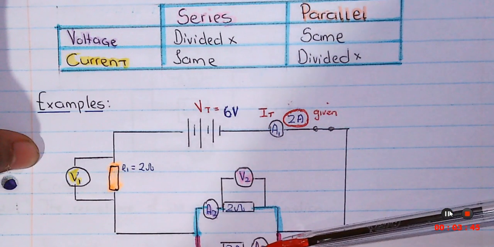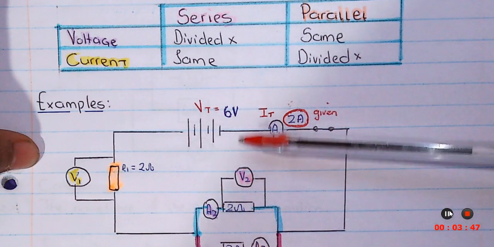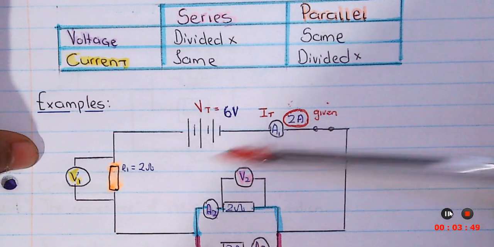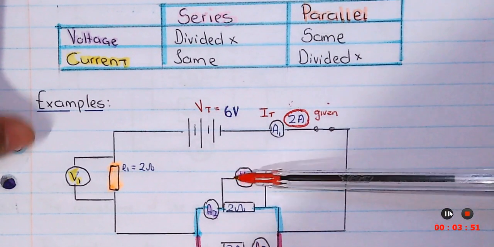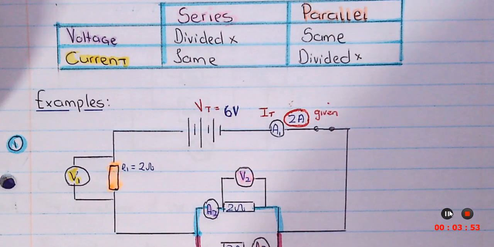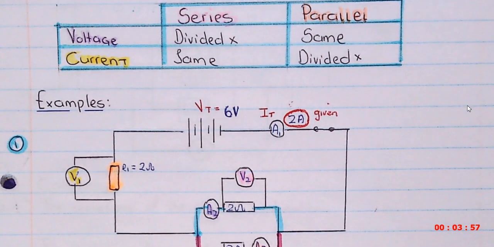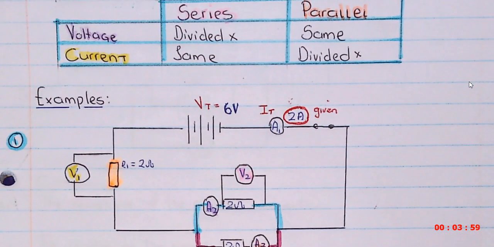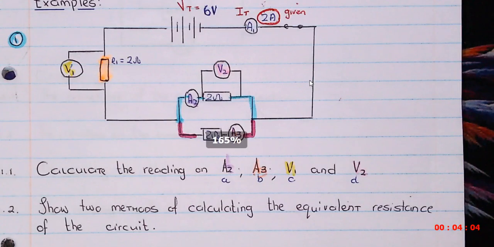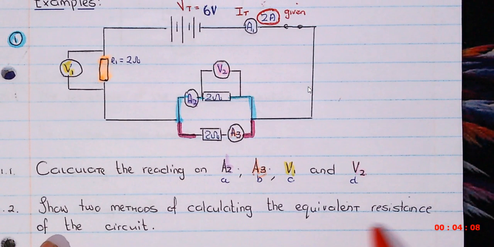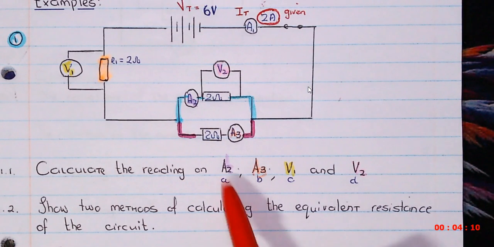Okay, so now we need to go ahead and answer the questions that they are asking us. The first question is to calculate the reading on A1, A2, A3, V1 and V2. And then the second question is to show the methods of calculating the resistance of the circuit. So A2 is the purple one.